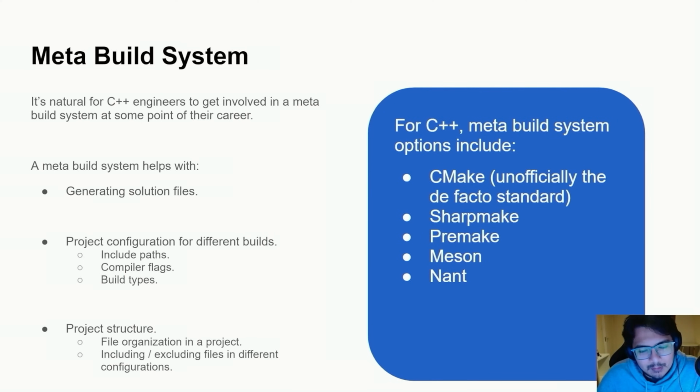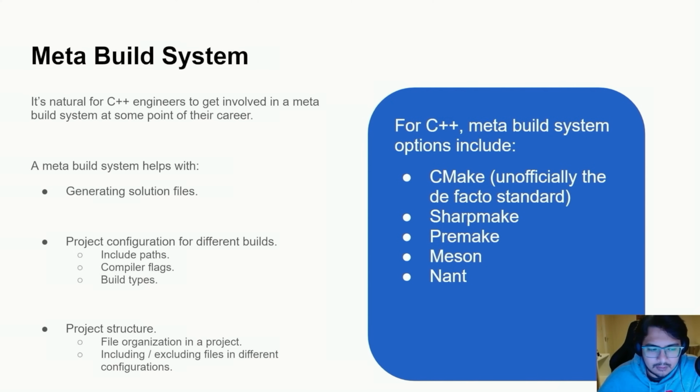A meta build system also helps in terms of project structure. So the file organization in a project, for example, in the Visual Studio CMake target view, depending on how you've defined the CMakeLists.txt, it helps with file organization. But this is the part that we're really interested in, right?